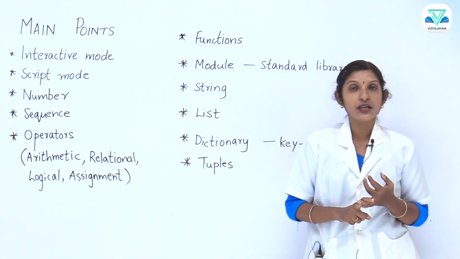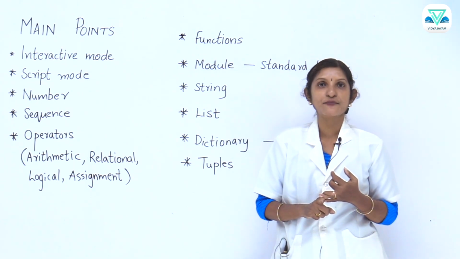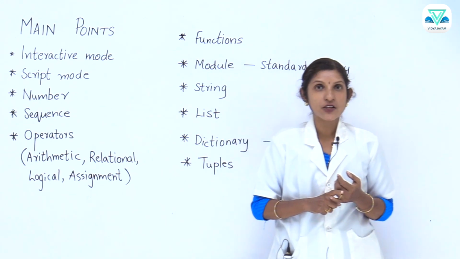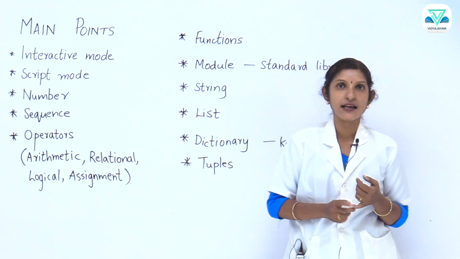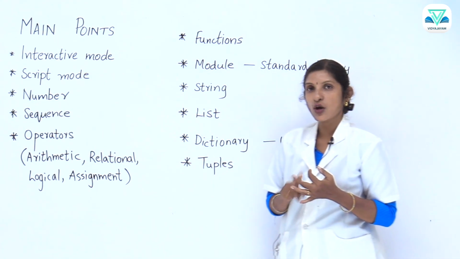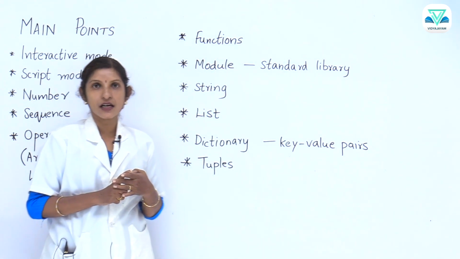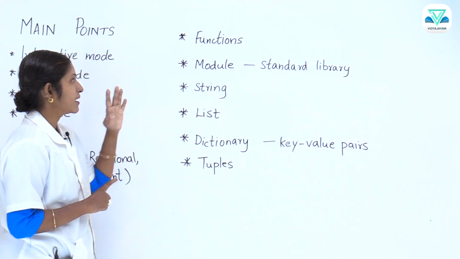Not only that, we are able to store a sequence of values together in specific types available. Operators: we have different types of operators like arithmetic, relational, logical as well as assignment operators in order to meet the various requirements of users while writing programs.